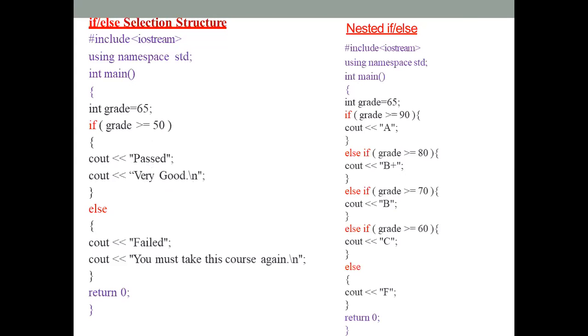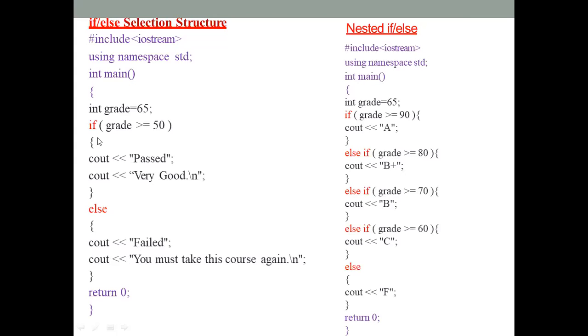Actually, this line should be in here. After pass, it should be another line, going down here. Then after that, what else? If the student didn't get 50 or more than 50, then the result will be fail, but there will be another output, two outputs here: you must take this course again.